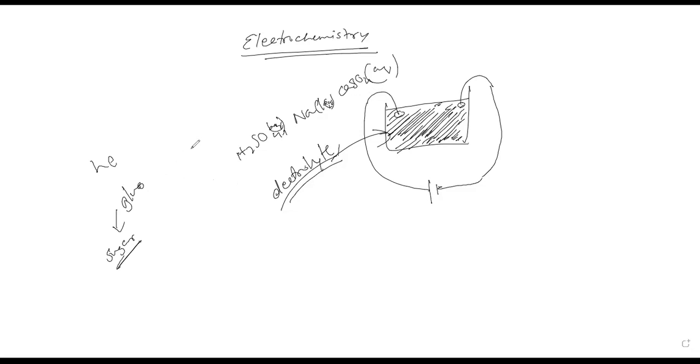Those are organic substances, and usually they are non-electrolytes. We are not talking about those that form ions in the aqueous state, for example acids, but only those which do not form ions.